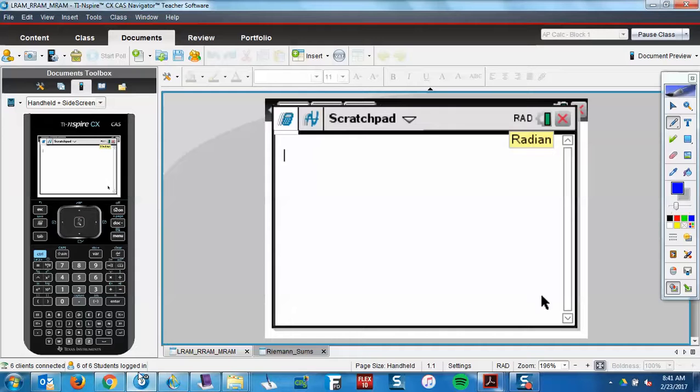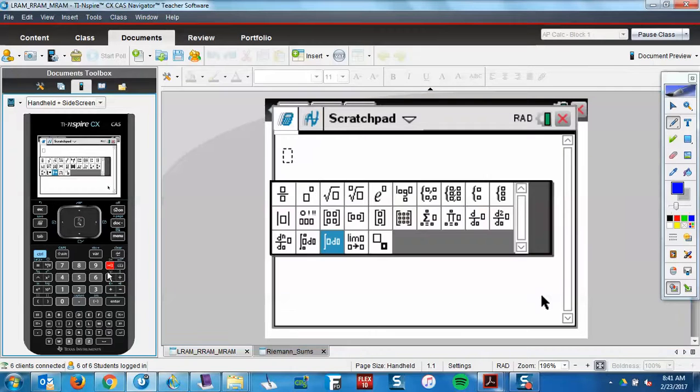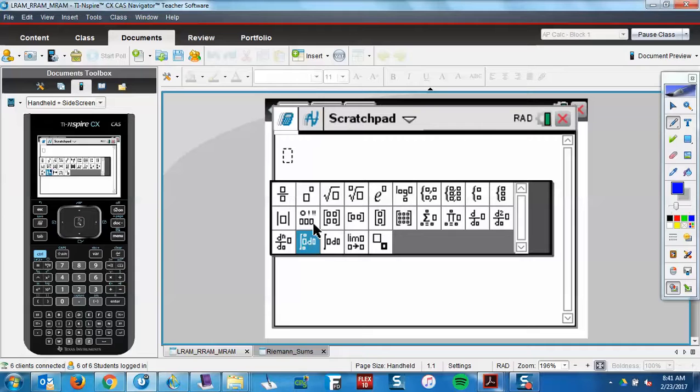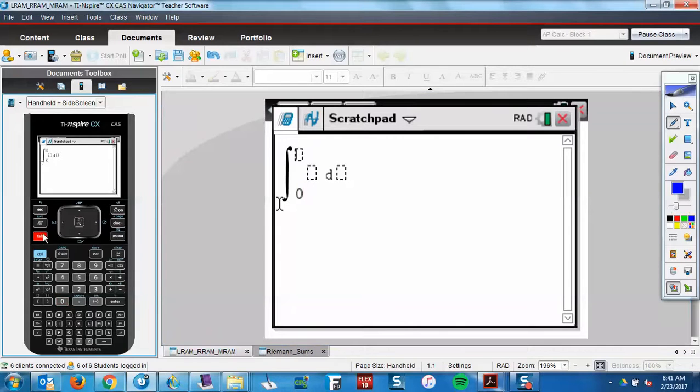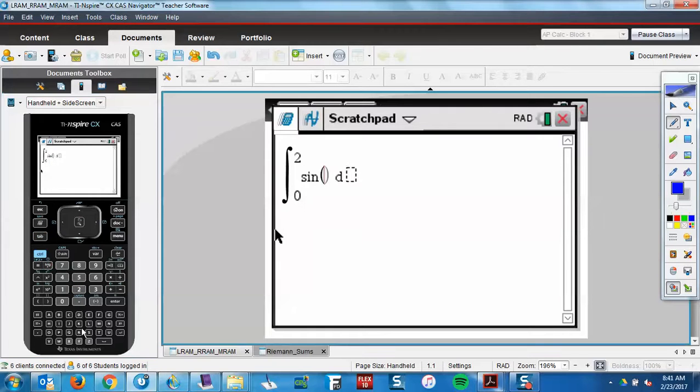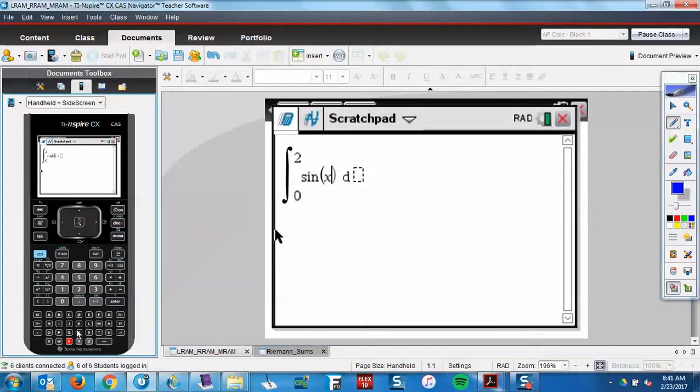If I get on my calculator and I do the integral from 0 to 2 of sine x dx, my calculator does that.